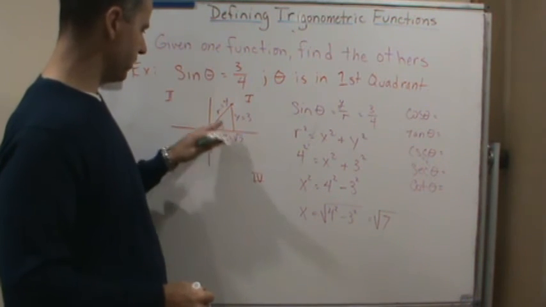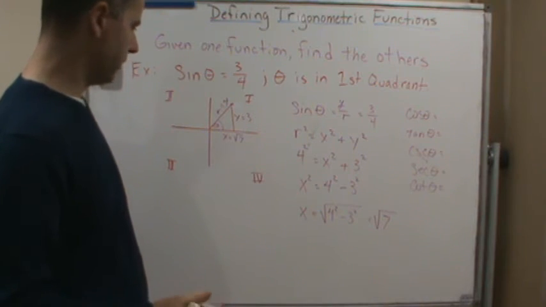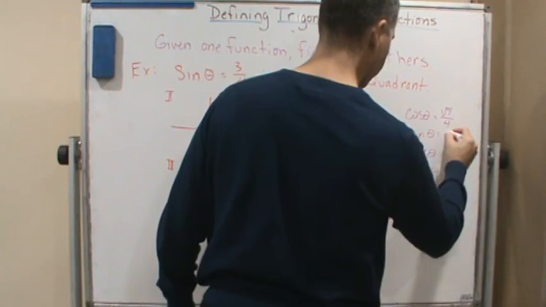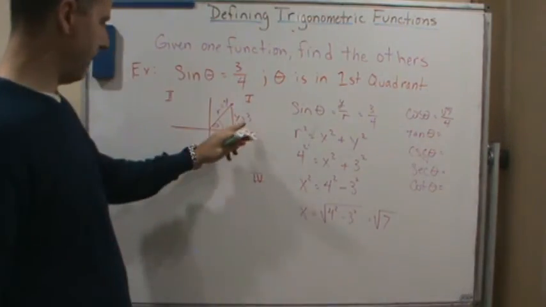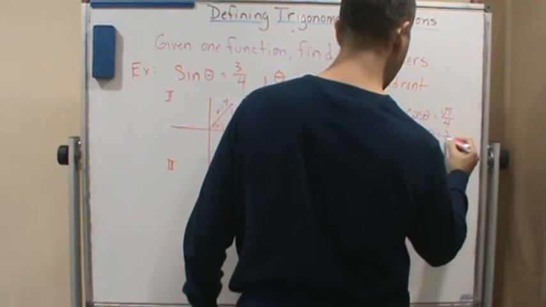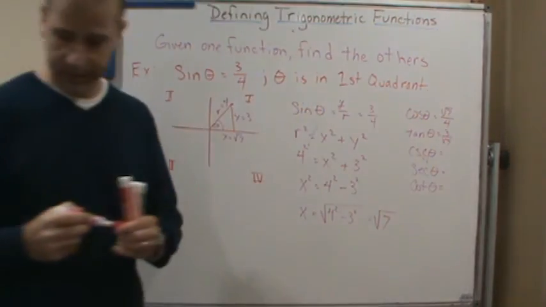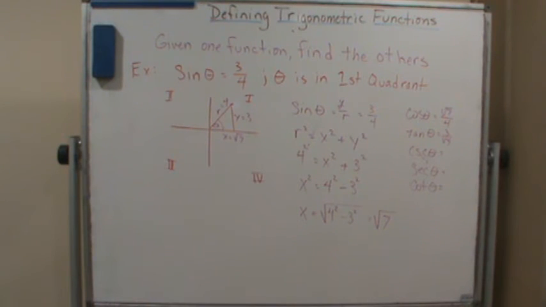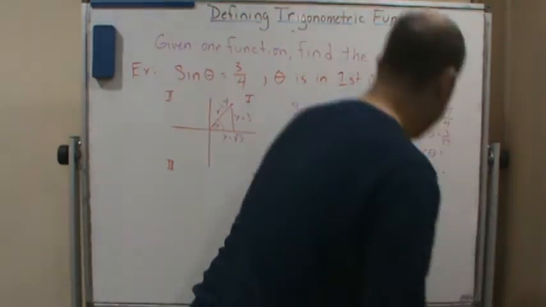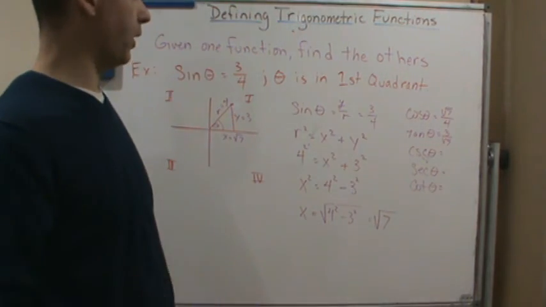Cosine theta is adjacent over hypotenuse, so that's going to be the square root of 7 over 4. Tangent is opposite over adjacent, so that's going to be 3 over the square root of 7. We'll leave it like this.